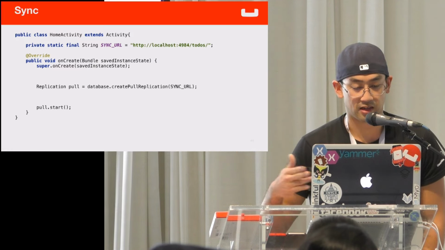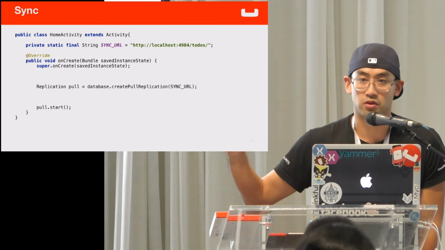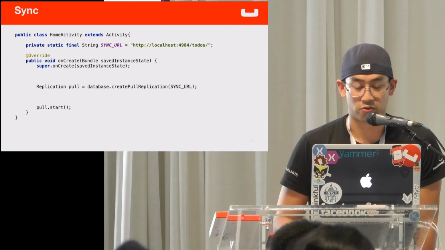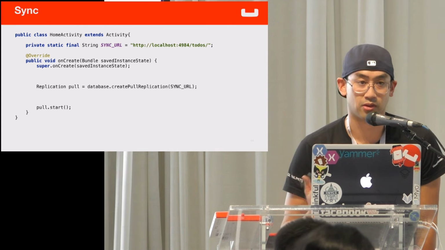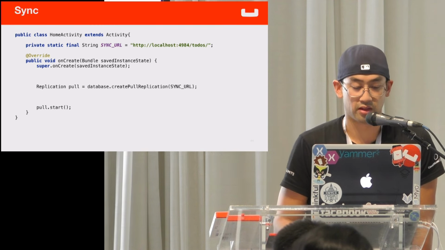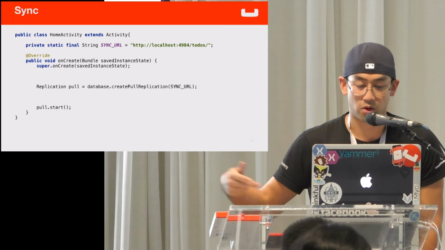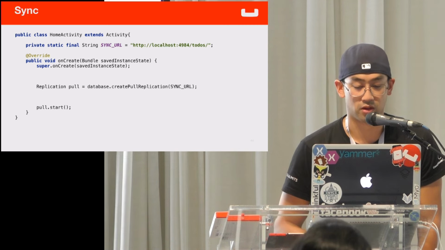But the syncing part: how do we get data syncing upwards and downwards? We basically have a URL on the server or in the cloud. For this example, everything's local, so it's a localhost. Once you create that sync URL, you're using Couchbase's API to create a pull replication that references the sync URL.